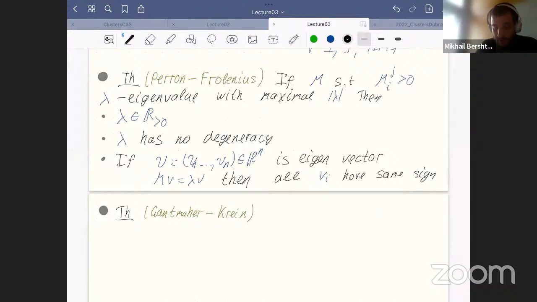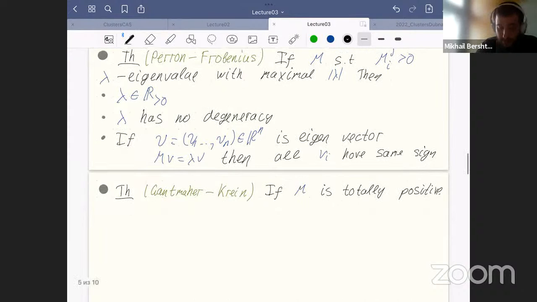So if the matrix M is totally positive, then the following are true.